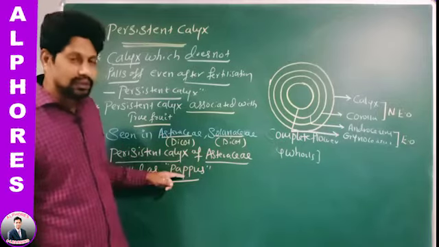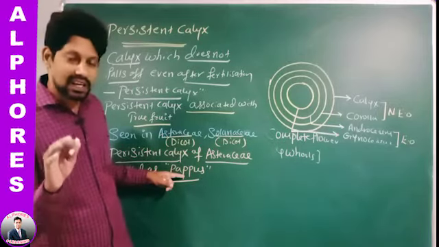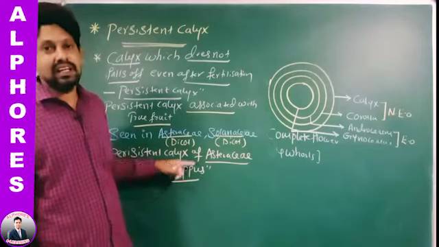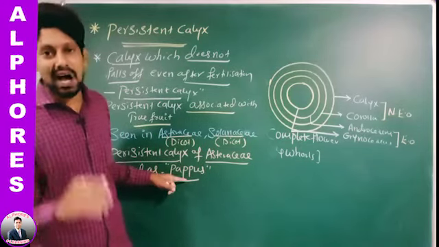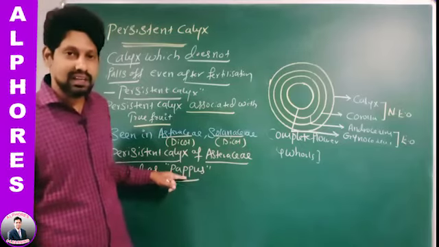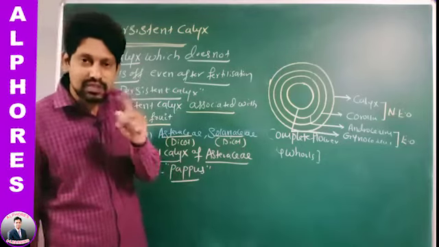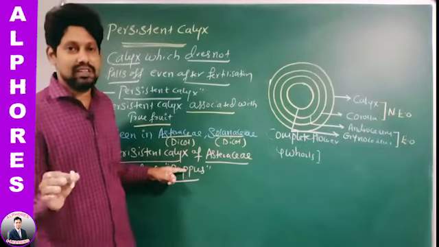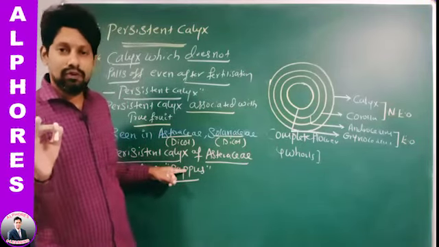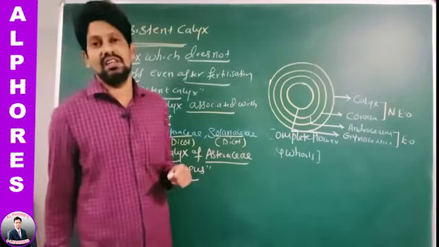Sir, in Asteraceae family, the true fruit name is cypsela. What is the true fruit name in the case of Asteraceae family? Cypsela. Therefore, pappus is associated with cypsela fruit in case of Asteraceae family.